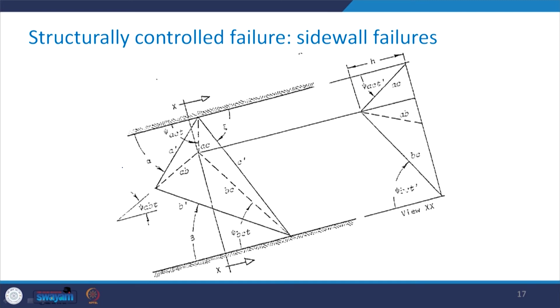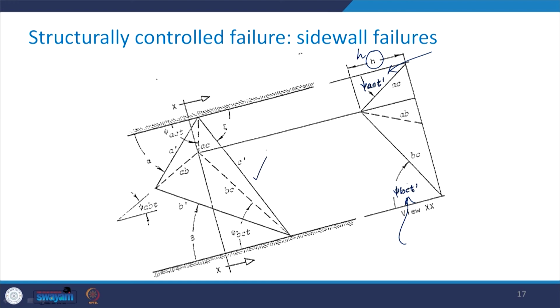Have a look here, here it is psi BCT prime and here it is psi ACT prime. The question is how to determine these two angles, because until and unless we know these angles, we will not be able to determine the height of the wedge, which is h.